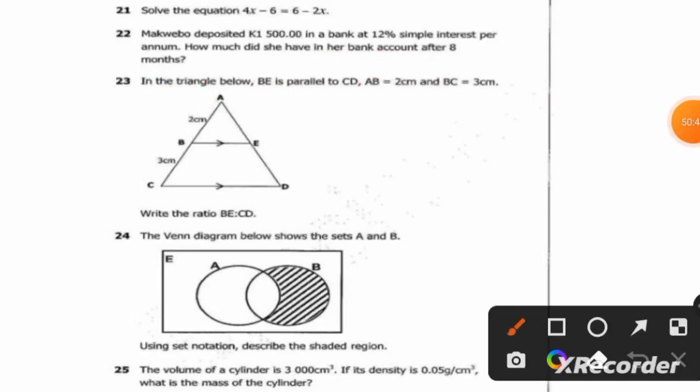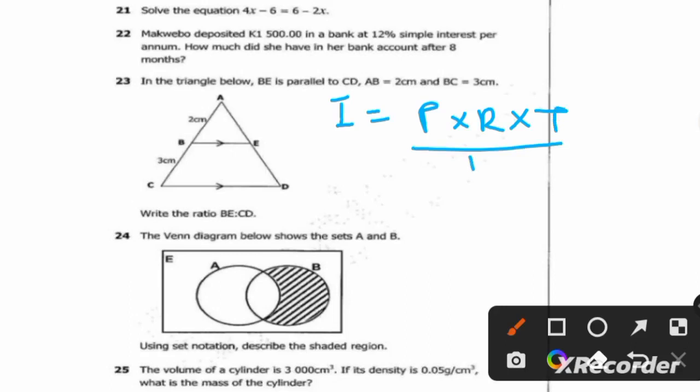So the first step that we are going to take here, first we are going to write down the formula. So simple interest is equal to principal times the rate times the time over 100%.